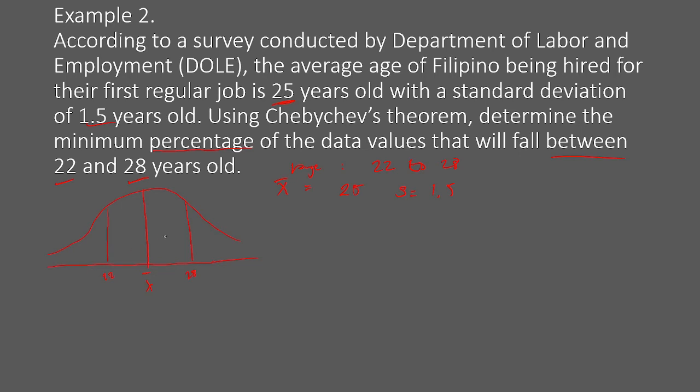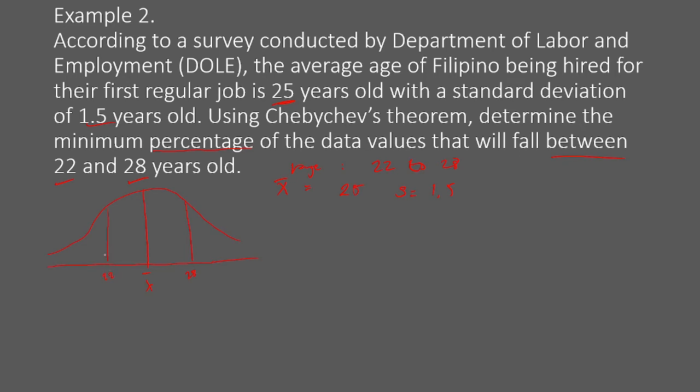Okay? So, kung titingnan natin, class, halos parehas lang yung distance nila sa isa't isa. So, kung iisipin natin yan, we have here, mula sa 25, may distance tayong 3 papunta rito sa kabila, and may distance tayong 3 papunta rito sa kabila.